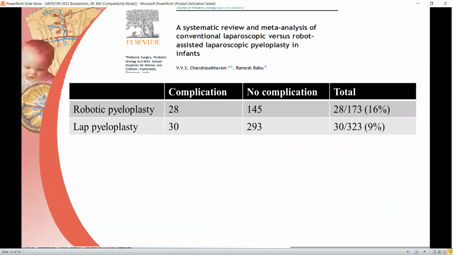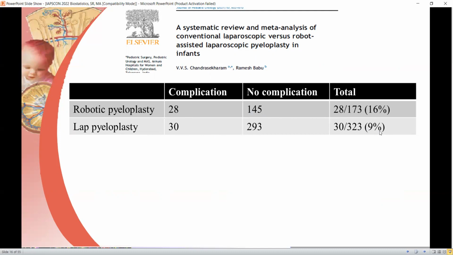This is a common example which we used in our recent meta-analysis. So we compared robotic pyeloplasty and laparoscopic pyeloplasty. So here complication versus no complication, as I said, the outcome is on the top. Here 28 complications out of 173, so that is 16%, right? Here 30 complications out of 323, that is 9%.